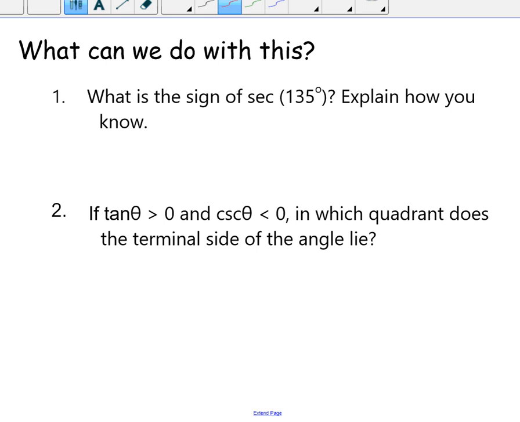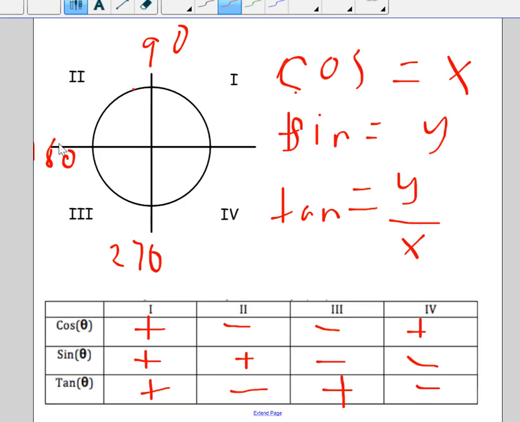So what can we do with this? Well, it helps us to figure out quickly whether the sign of any trig ratio is positive or negative. So what is the sign of secant 135? Well, first of all, what quadrant does 135 fall in? It's between 90 and 180, so that means it's falling into quadrant 2.